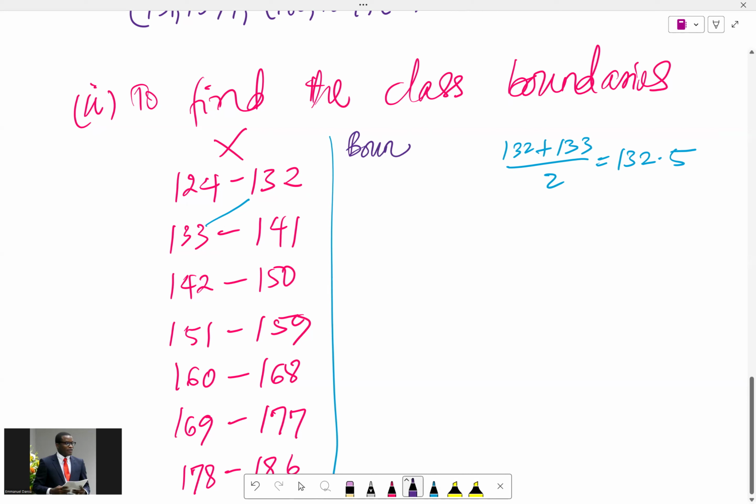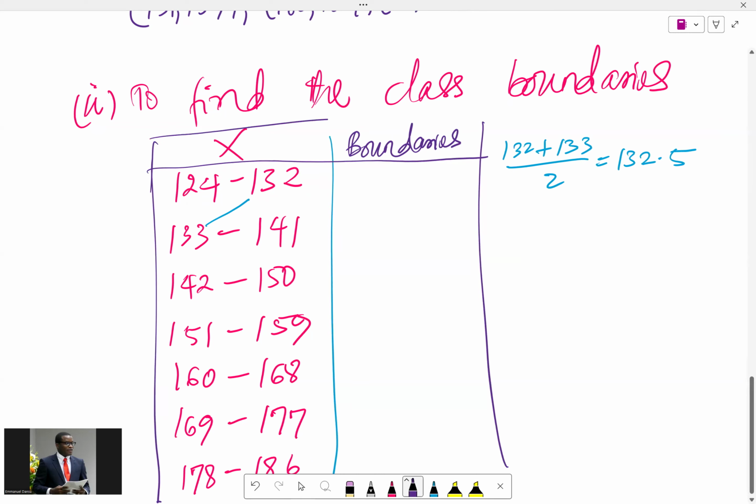So if you want to call these boundaries, the boundary can also be upper and lower boundary. Let me do lower first, just like we did the limits.